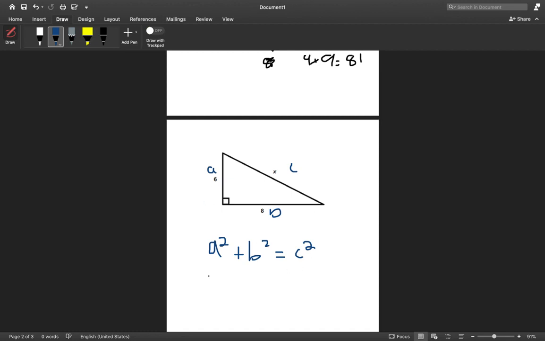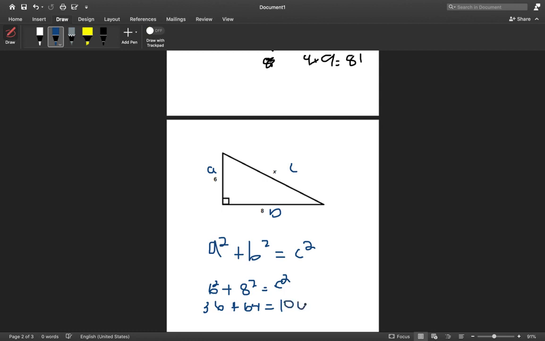So let's continue. 6 squared, because that's the A value, plus 8 squared is equal to C squared. 6 times 6 is 36, and 8 squared is 64. That equals, I'm pretty sure, 100.